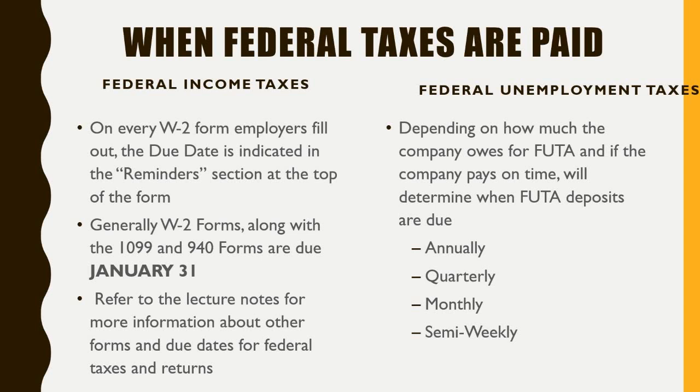But these are just responsibilities that you should assume, especially when you do have employees, because when you calculate everything, you're not obligated to pay right away. So that's why it's called a liability, because you owe the government money. And usually, the size and how much money you owe the government will determine whether you have to pay at the end of the year, quarterly, monthly, or even semi-weekly. Now, on the paper, it does say that it also depends on when your payday is.